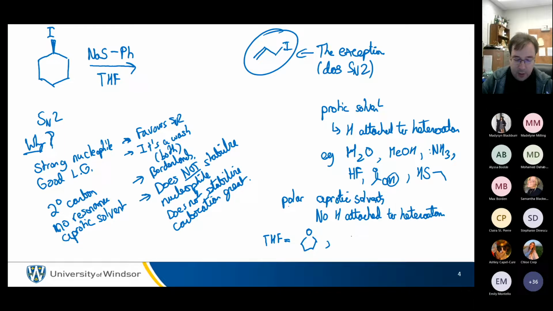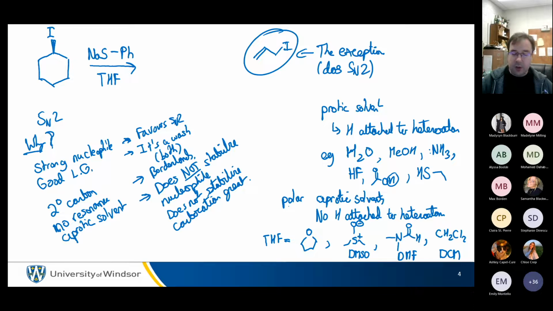You get things like DMSO, or DMF. Or if you're on the weak end of this, something like dichloromethane, which I do abbreviate as DCM, and I never should.